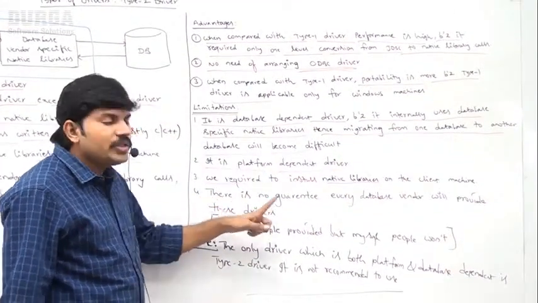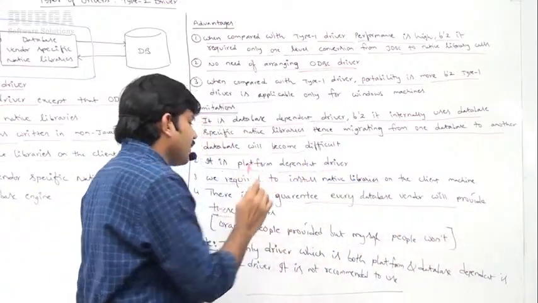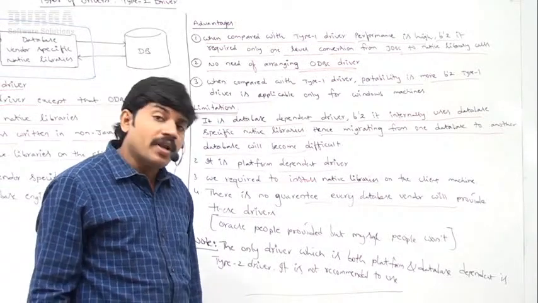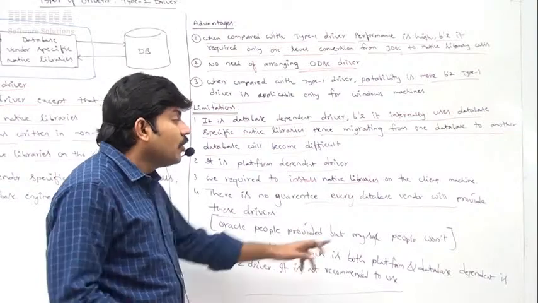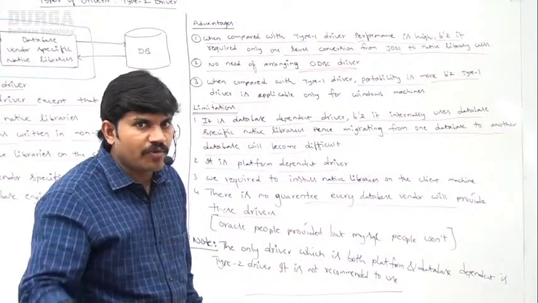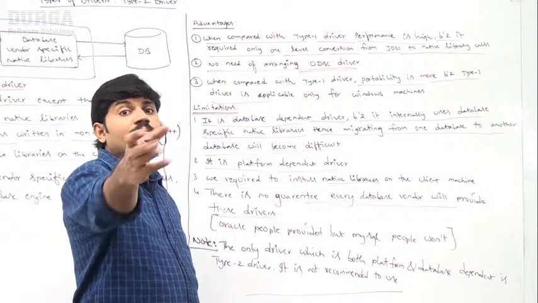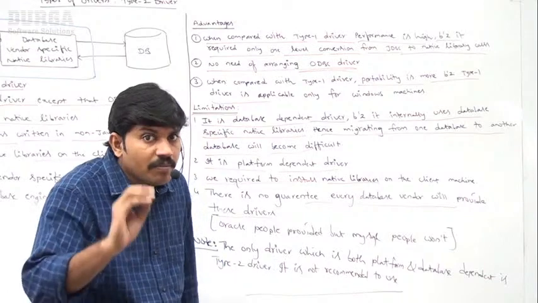Next, there is no guarantee every database vendor will provide these drivers. Oracle people provided a type 2 driver, the OCI driver, but MySQL people didn't provide type 2. If you want to communicate with the MySQL database, you should compulsorily go for the type 4 driver only. So type 2 support is not available from MySQL.